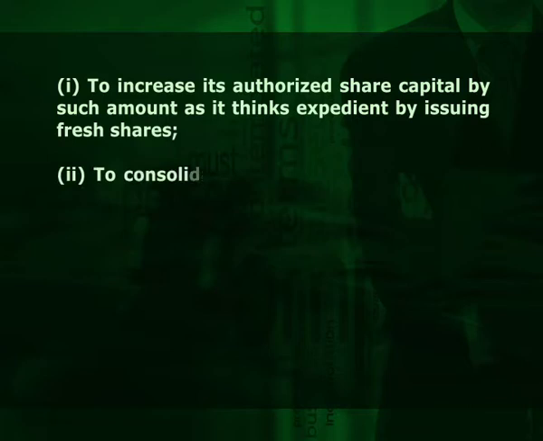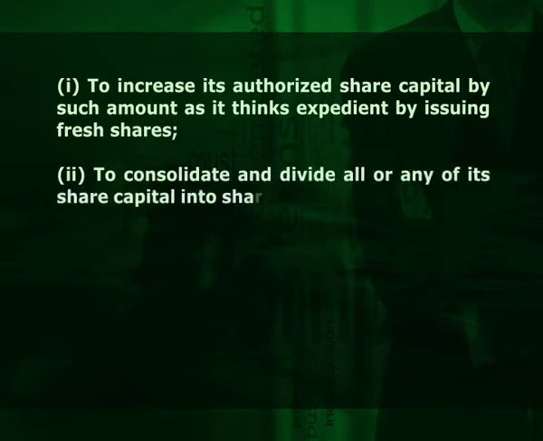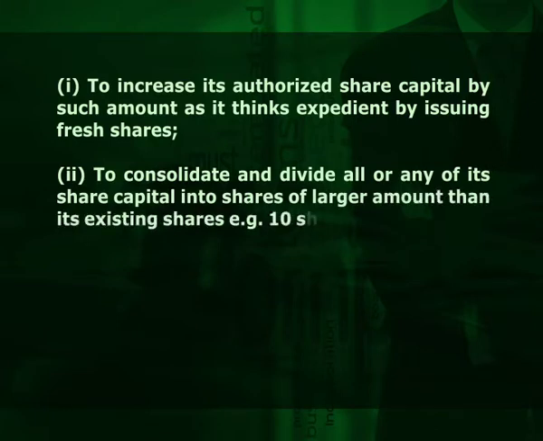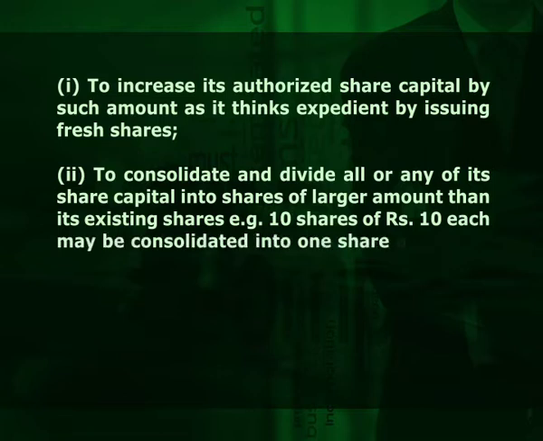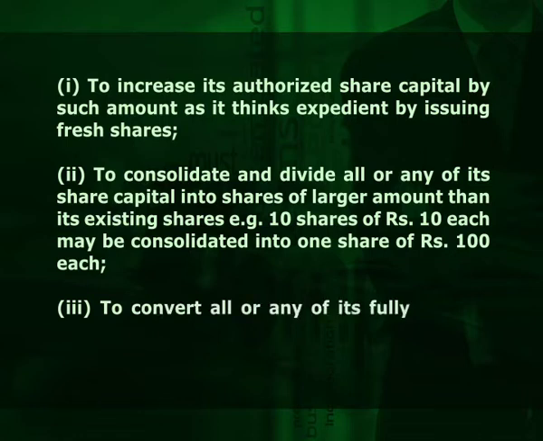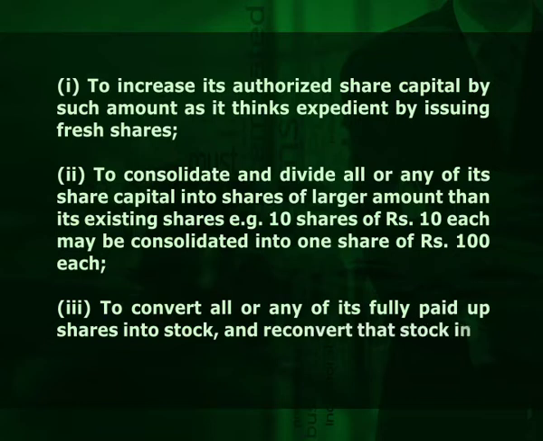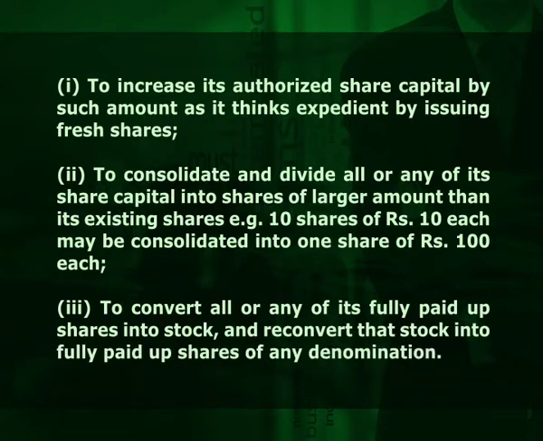Second, to consolidate and divide all or any of its share capital into shares of larger amounts than its existing shares. For example, 10 shares of rupees 10 each may be consolidated into 1 share of rupees 100 each.